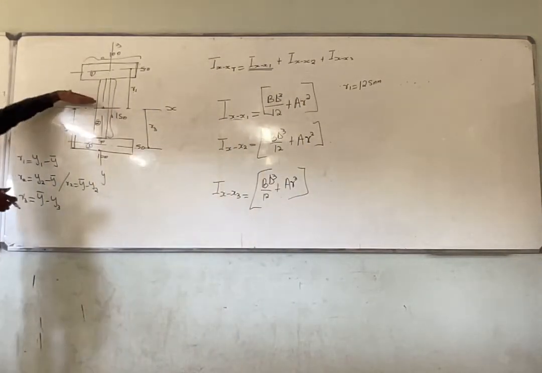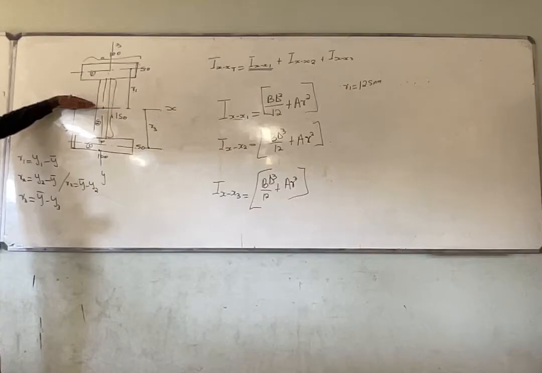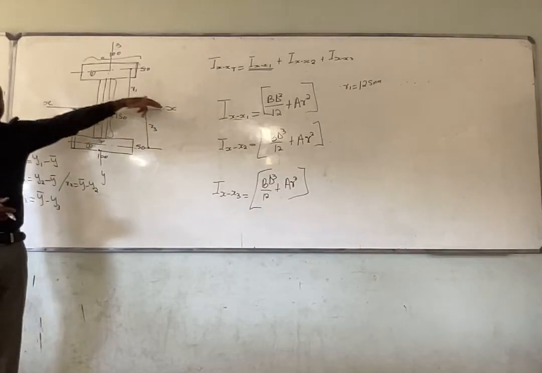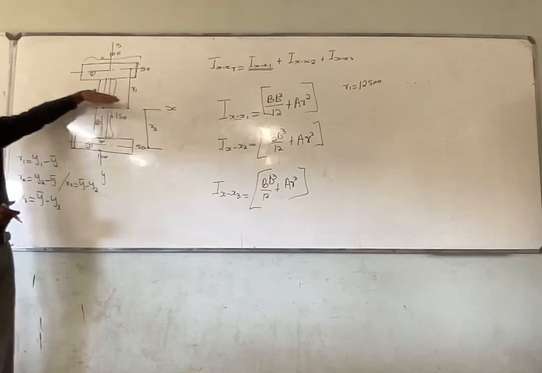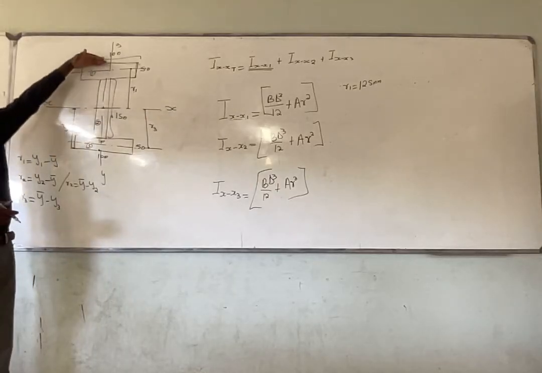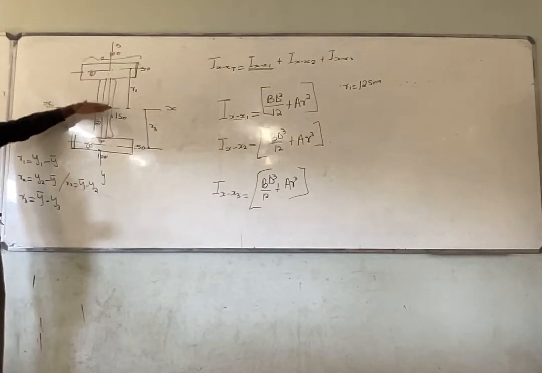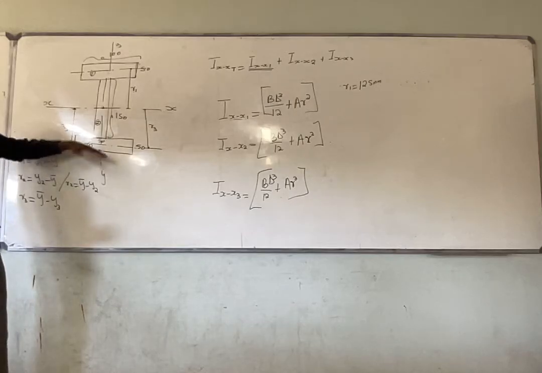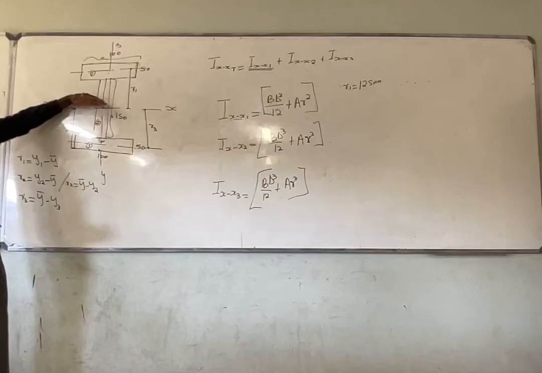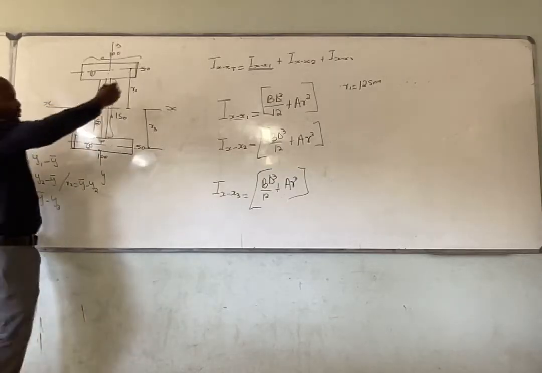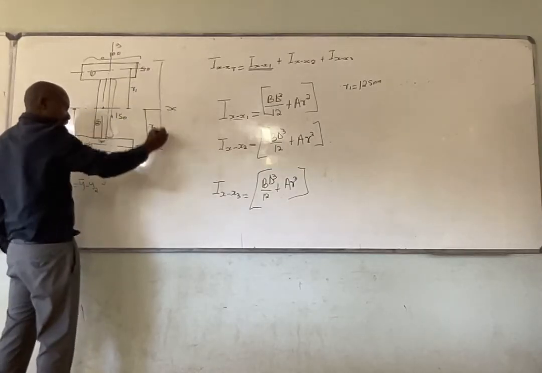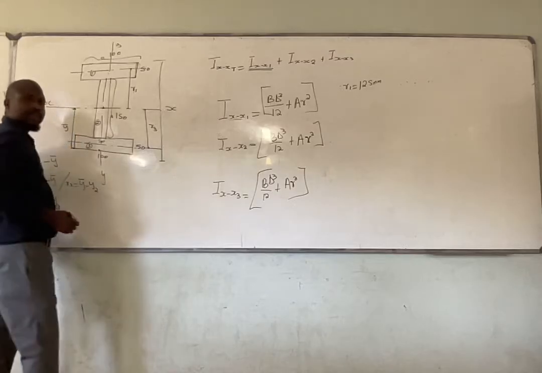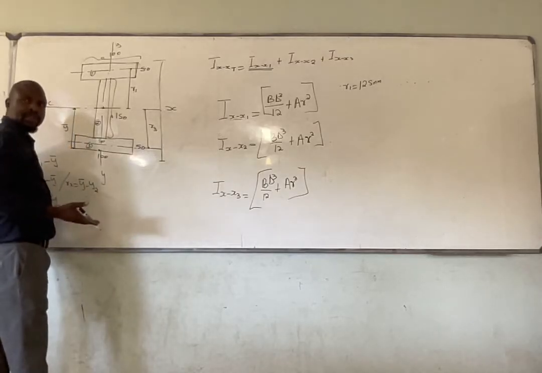Remember I said before you can calculate, you need to check if it's symmetrical. So if we say this one is our centroid, is the area above the same as the area below? Because it's the same, therefore it is symmetrical. As it's symmetrical, you can take the total distance and divide it by 2.